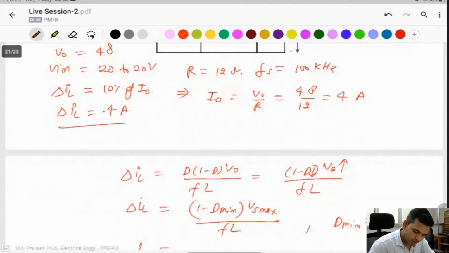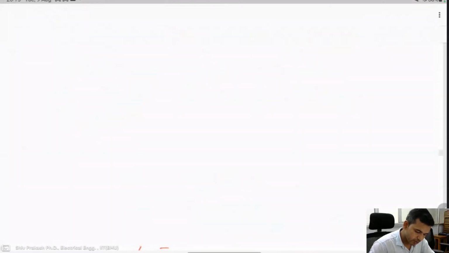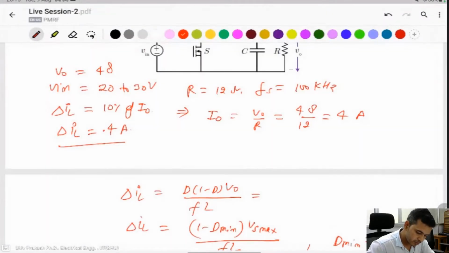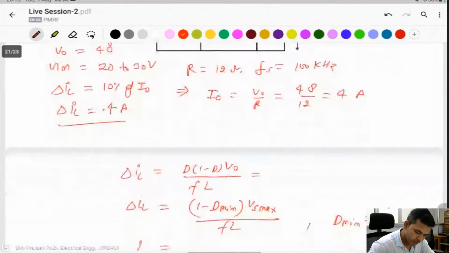Sorry, not buck converter, but I think boost converter.